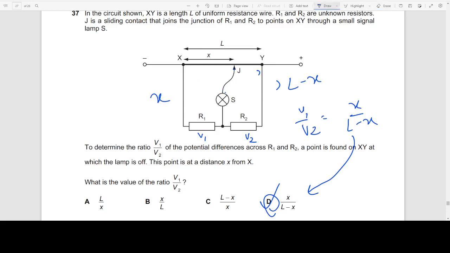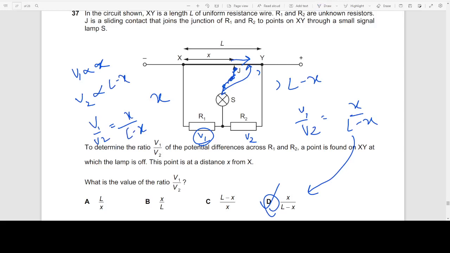If the sliding contact is brought over here instead of over here, which means that X is increasing, then V1 is increasing, so V1 is directly proportional to X and V2 is directly proportional to L minus X, so V1 upon V2 is equal to X upon L minus X. So the answer is going to be D.